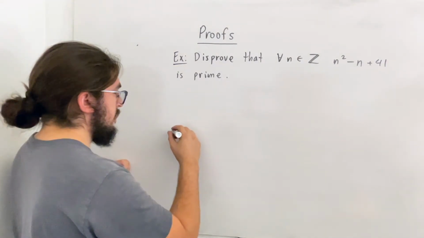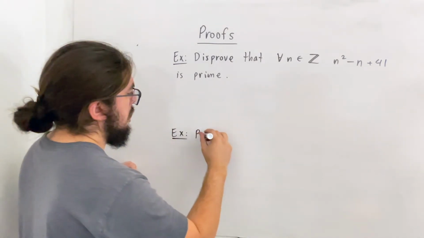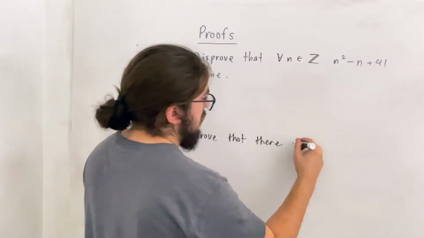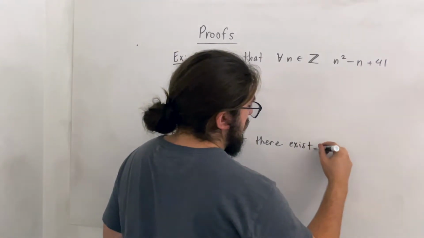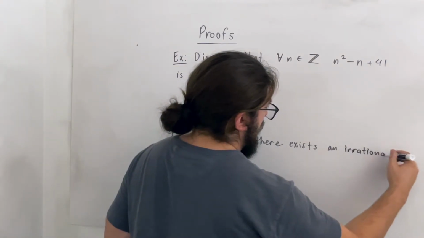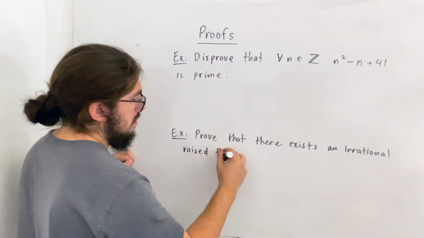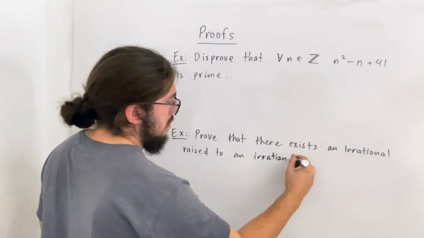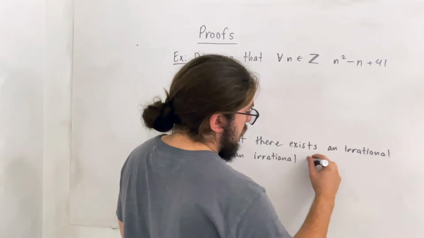Let me see. Prove that there exists an irrational raised to an irrational, which is rational.